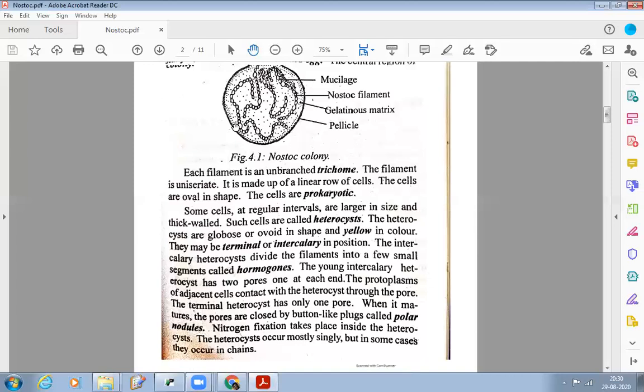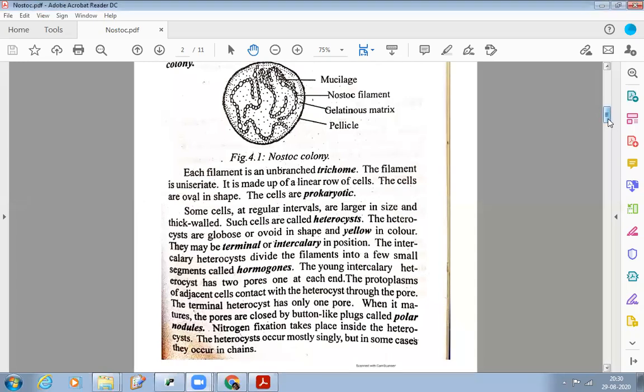Because of these heterocysts, they are generally seen in symbiotic association. If you observe these heterocysts, they may be intercalary or terminal in position. Some of the heterocysts are intercalary, and some are almost terminal in position. In the next diagram, we will see that.